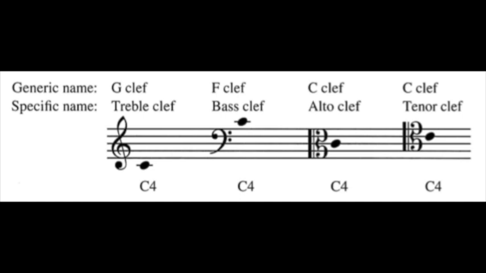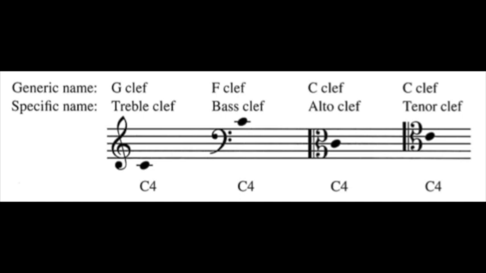Notice that the C clef appears in either of 2 positions. So our first clef here is a treble clef. And if you notice that little curly bit down on the end, it circles right around a line. The second line up, that line is G. Because this specifies where G is, this is also known as G clef.